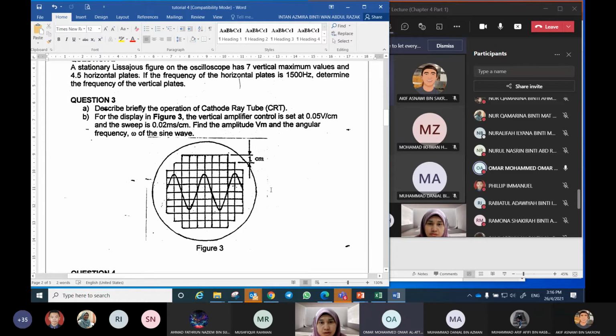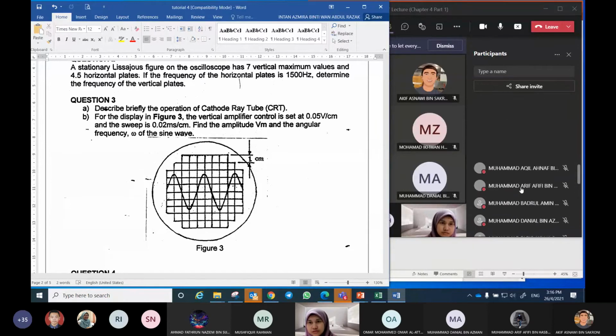Okay, so how? There are four squares in the wave. And then how do you calculate the amplitude? Not sure.